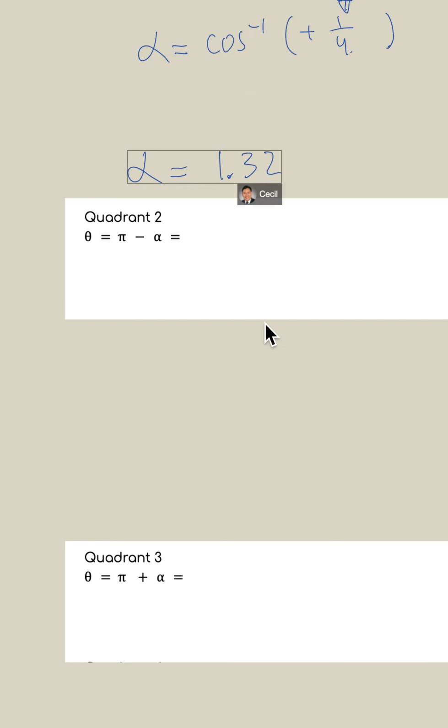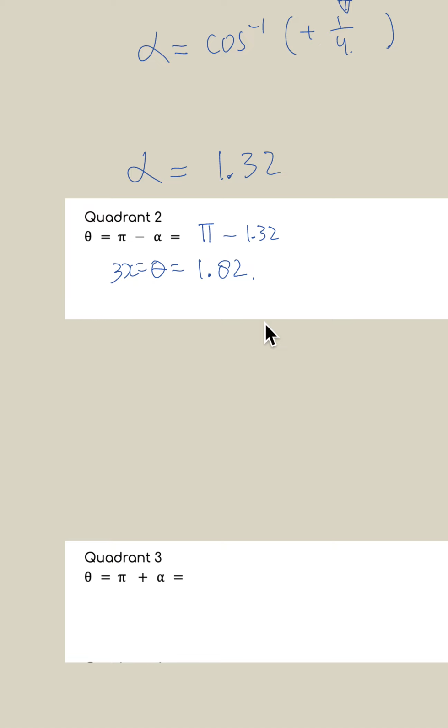Alpha is 1.32, and for quadrant 2, the angle is pi minus alpha, which is pi minus 1.32. Then we calculate the value of theta, which equals 3x. We just use the calculator: pi minus 1.32. How much do you get? 1.82 radian.